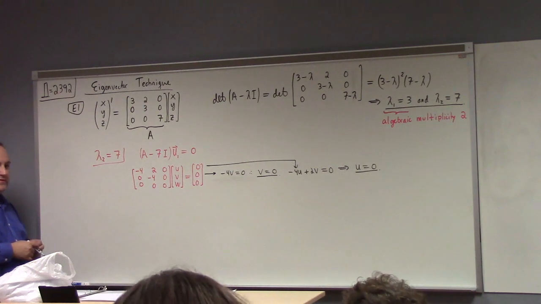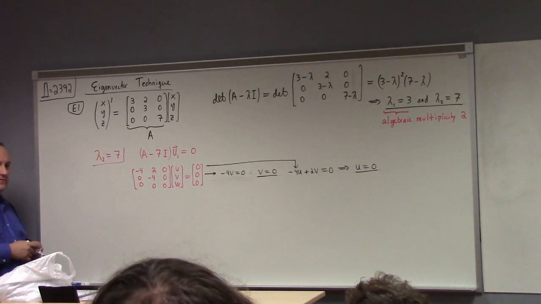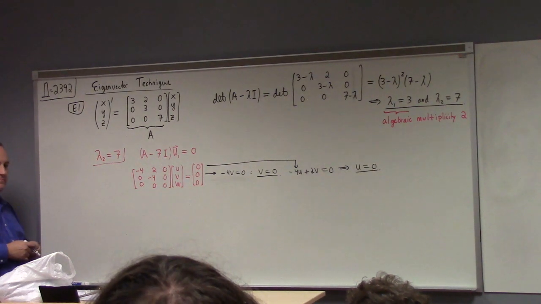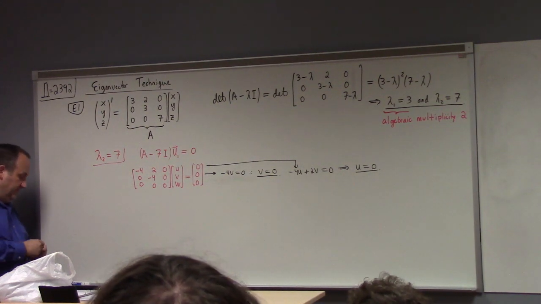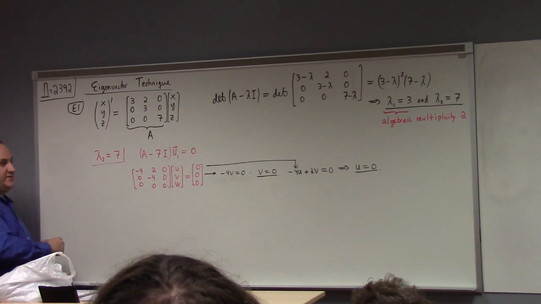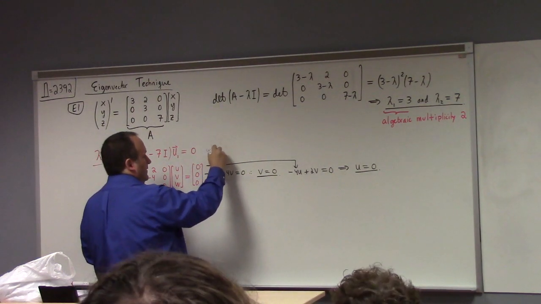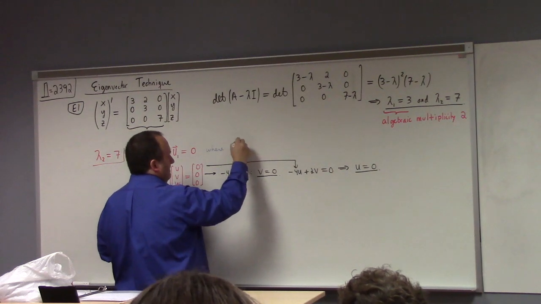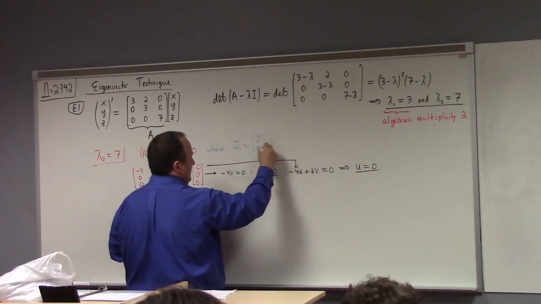Why would it be wrong to put w equal to 0? Can you tell me? If I put w equal to 0, what would I have just done? That would be the trivial solution, and that would not be an eigenvector. So we need u1, which is uvw, not equal to 0.